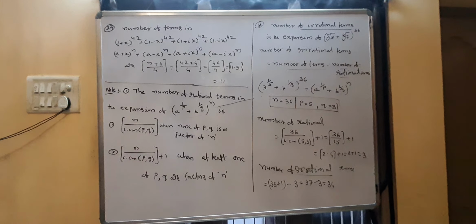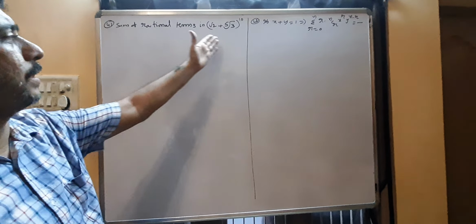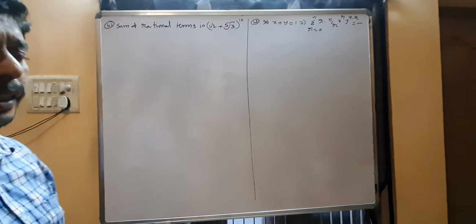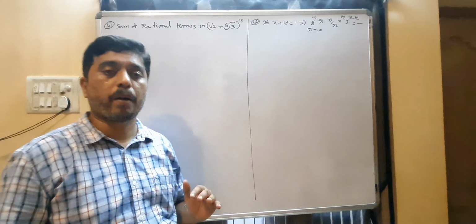Copy that problem. Coming to the next question. They are asking the sum of rational terms. They did not ask the number of rational terms. Sum of rational terms in (root 2 + 5th root 3)^10. That means (2^(1/2) + 3^(1/5))^10. They did not ask the number of rational terms.